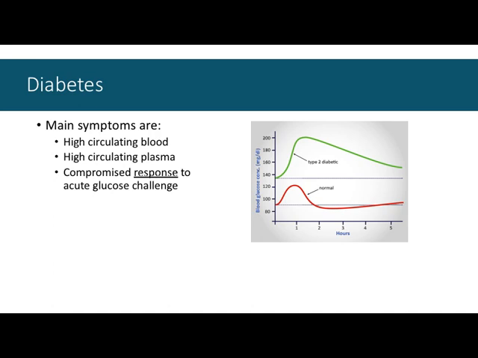We get this resistant or compromised response, shown here by the top line, where in a diabetic individual we, one, start higher, two, we see a larger increase, and three, that increase persists much longer than in a normal healthy individual, and that's increase in blood glucose concentration. So overall, the response is compromised. And these are on the same figure, they're on the same scale. Higher starting point, larger inflection, larger increase, and more prolonged, sustained response.